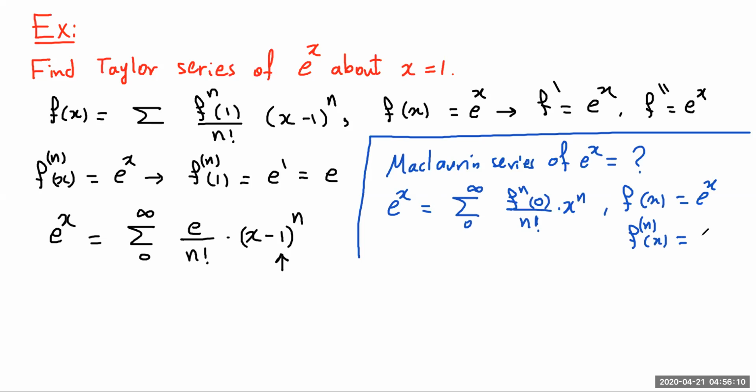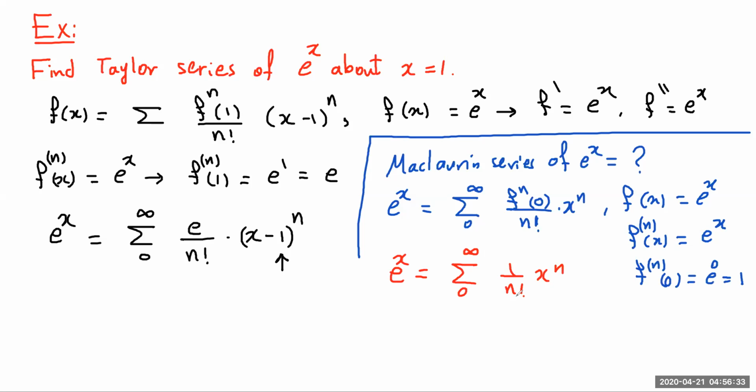It will be also e power x. So at 0, the derivative of order n at 0, e power 0, it's 1. So I will write this formula in red, it's a very important formula. e power x is sigma 1 over n factorial x power n from 0 to infinity.